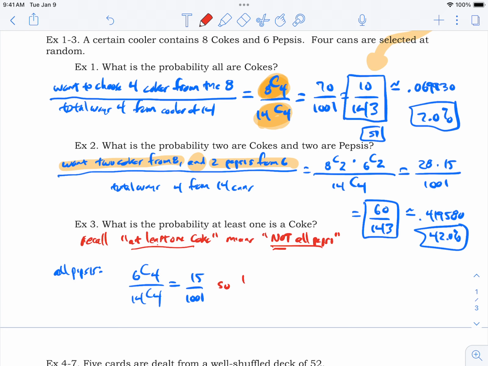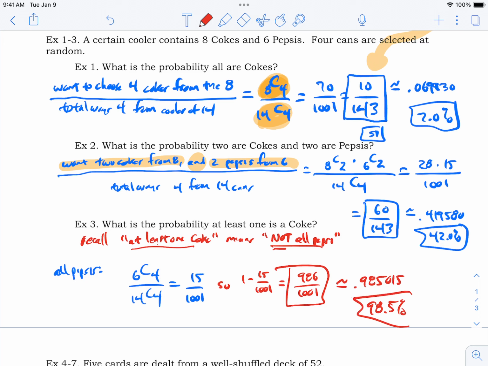So 1 minus 15 over 1001 comes out to, what is that, 986 out of 1001. And that's reduced already. There's no reducing there. So as a decimal, that's about 0.985015. So I would round that to like 98.5%. So it's a pretty darn good chance you're going to get at least 1 Coke. I mean, there are a lot of Cokes in there, right?